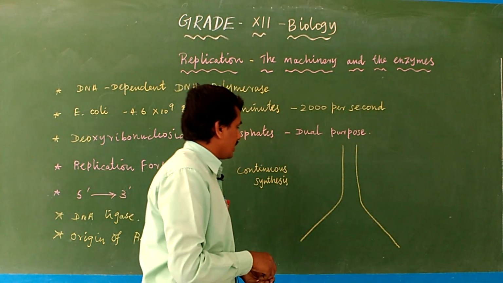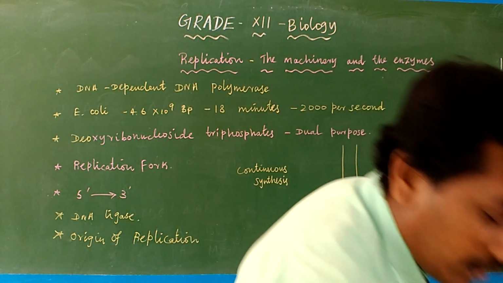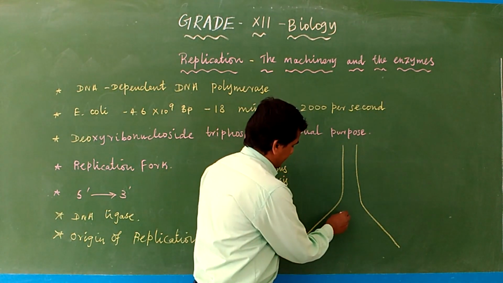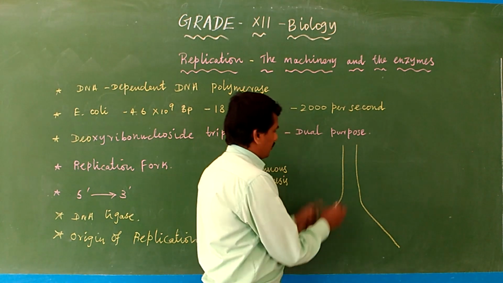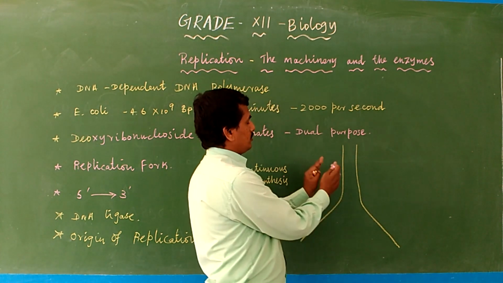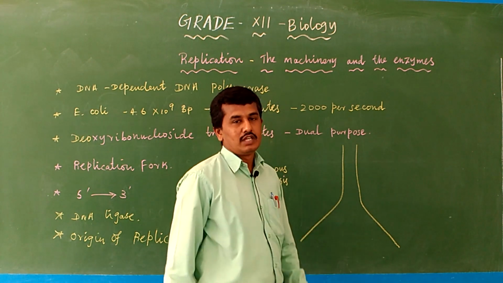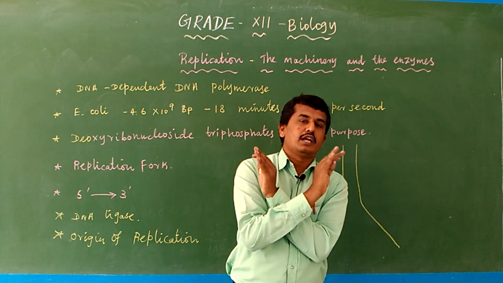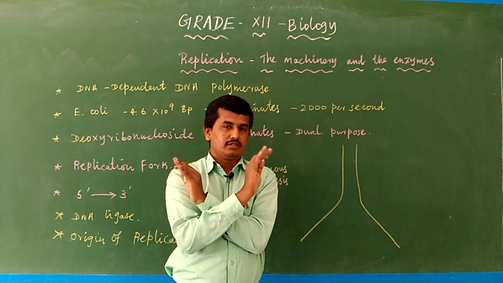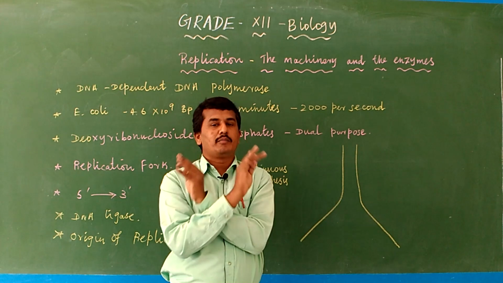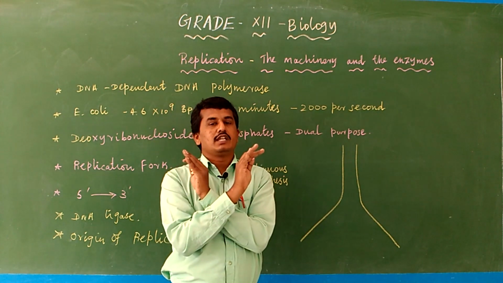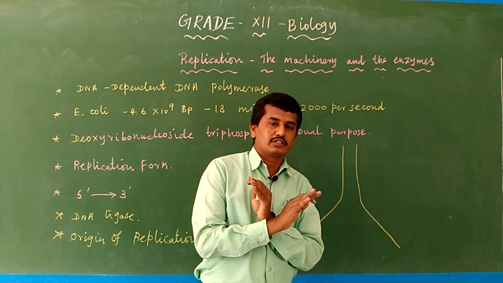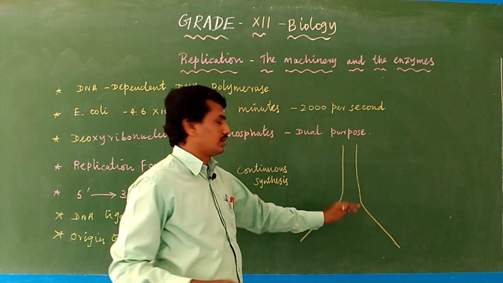In the double helical structure of DNA, what events occur? First, the DNA is separated into two strands. Normally, the double helical structure of DNA contains two polynucleotide chains. During the replication process, the DNA is split into two strands.